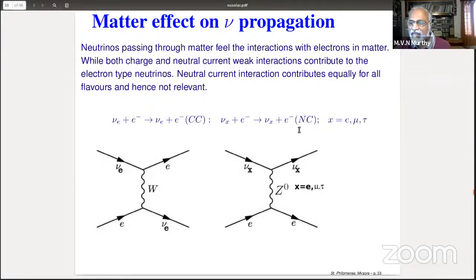Now, because of these interactions, and since this interaction is special for electron neutrinos, you can think in analogy with birefringence that the electron neutrinos feel an extra potential in the matter compared to all other neutrinos.